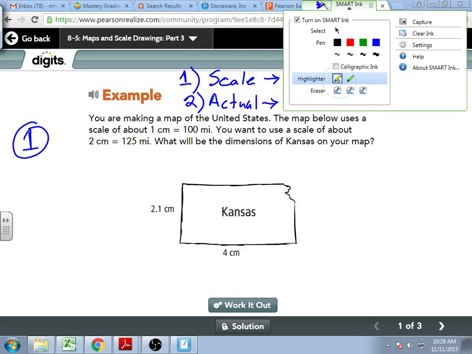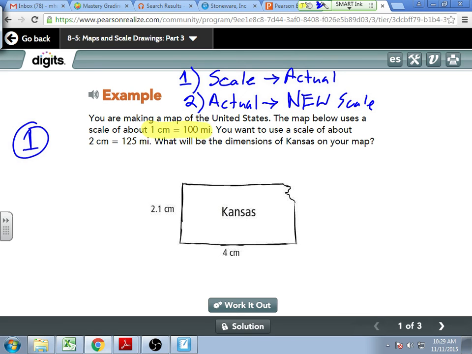So step 1, we take the scale that it used. It says the map below uses the scale of 1 to 100. So since I'm converting to find the real, I use my 1 centimeter to 100 miles. And guys, this is where I'm going to put this in the middle. So to deal with the height of Kansas, I put 2.1 on top.